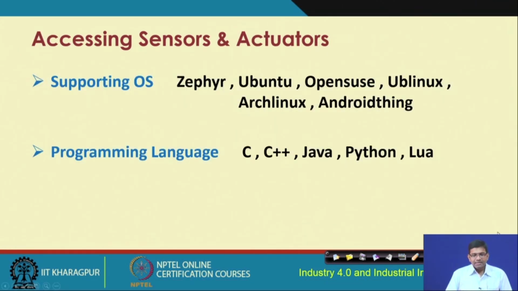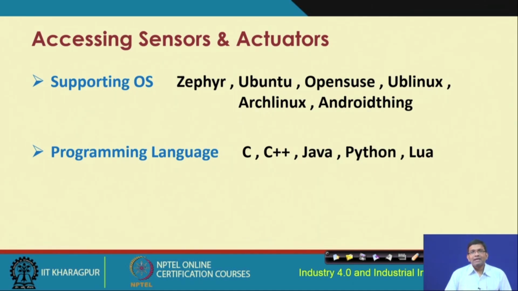So, there are different industry scale sensors and actuators which would support different operating systems such as the ones mentioned over here: Zephyr, Ubuntu, OpenSUSE, Linux, Arch Linux, Android Things. These are some of the different operating systems that are used in the smart sensors and actuators.